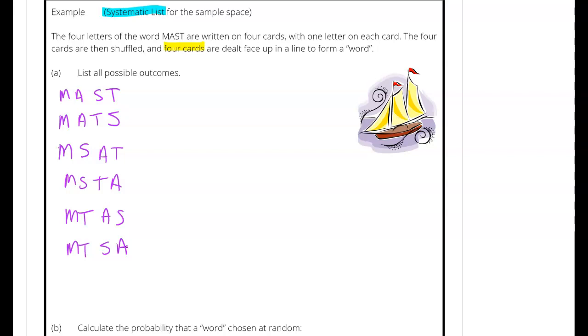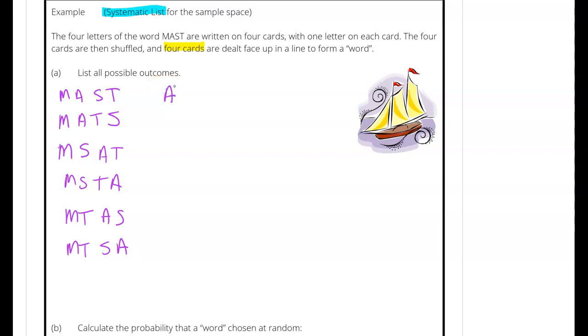Whereas if we go M and a second letter the same, then we know the other 2 just need to be swapped over. And then the system is, well, I did M-A-S-T as my first word, so then try M-S and then M-T. Now I'm done with all the words that start with M. What would be the next thing to do? Yeah, look at all the words that start with another letter.